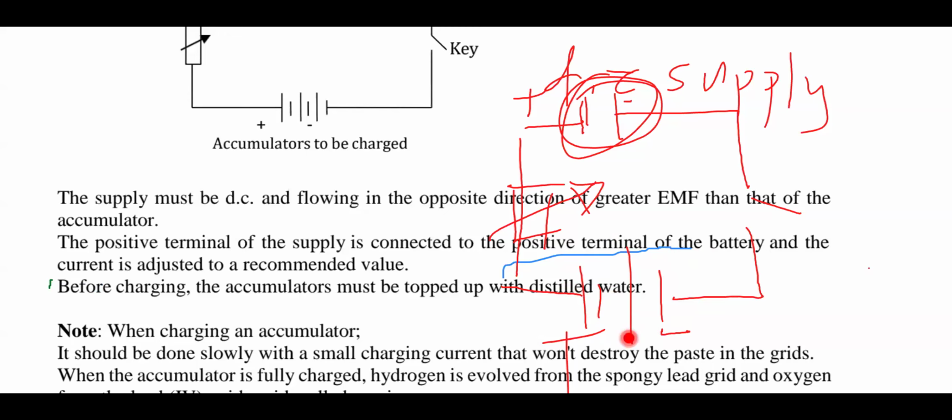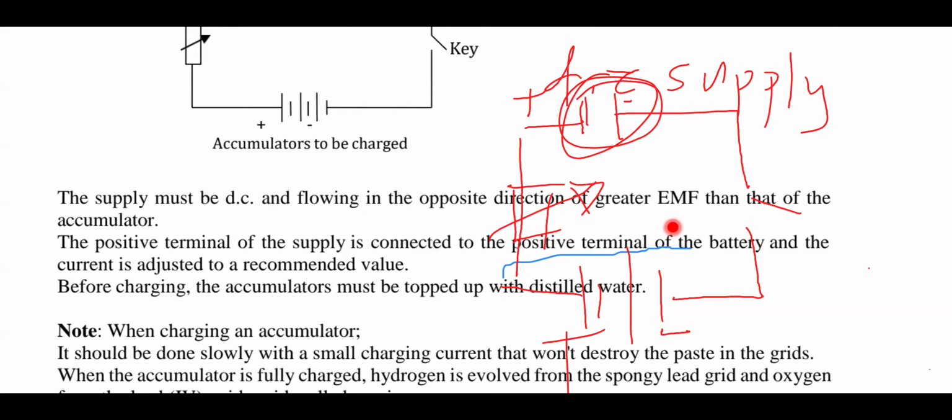when it becomes fully charged, you find that, remember, we had lead oxide, or we had the lead peroxide at that point. Now when we have the lead peroxide, we have the hydrogen gas. In that hydrogen gas, there is oxygen gas. The oxygen gas, we have lead also as a metal.